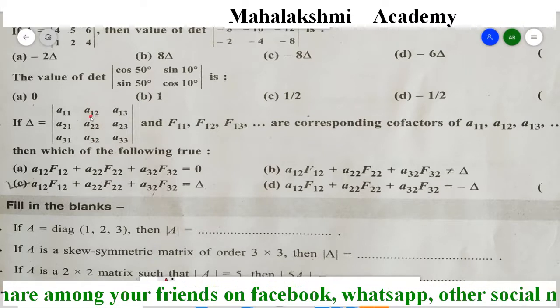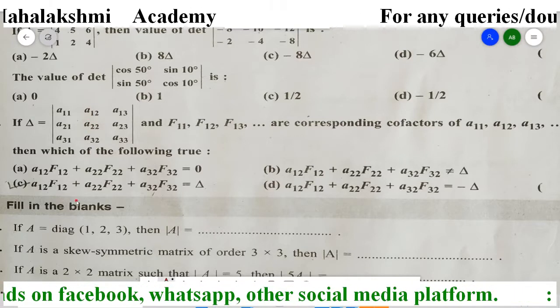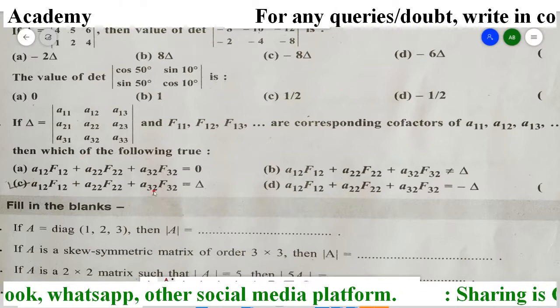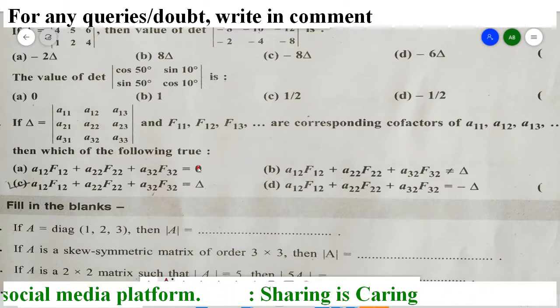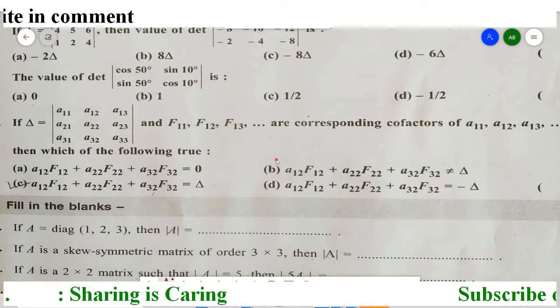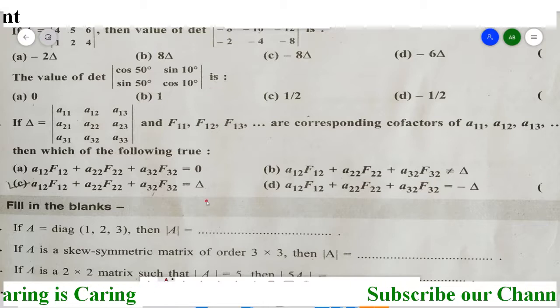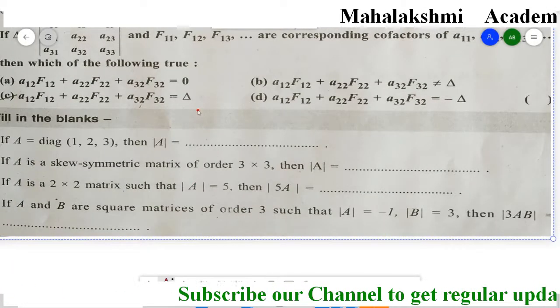If they opened along the second column, then the second column's cofactors must multiply. So they multiplied by the second column's cofactors only, but here they had put 0. They should not, it should be the determinant, that is delta should come here. The conclusion is wherever delta is there, that's the correct answer. So in this, the correct option is C.